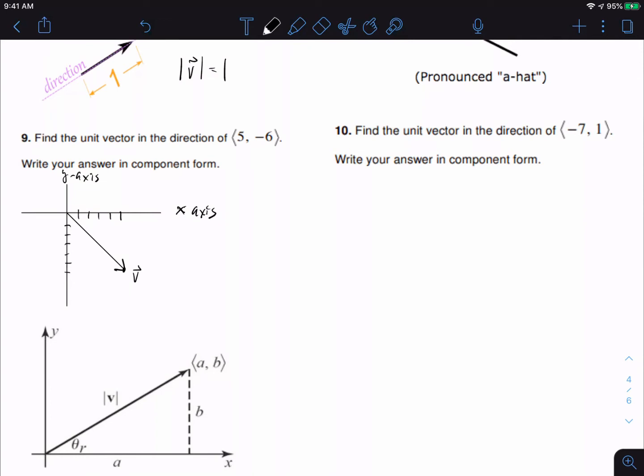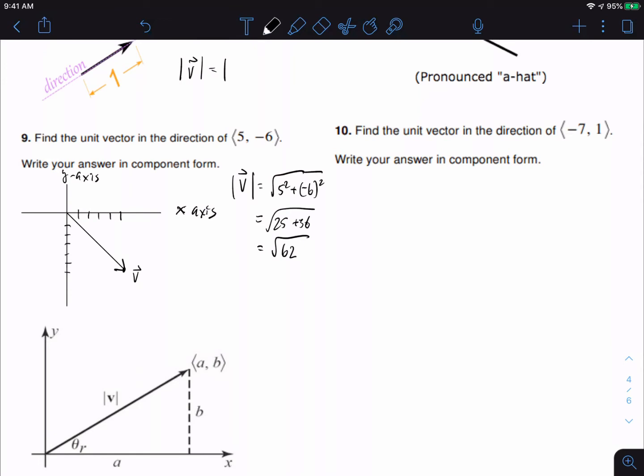So the magnitude of that vector is going to be the square root of 5 squared plus negative 6 squared, which is going to give me 25 plus 36, which is going to give me the square root of 62.